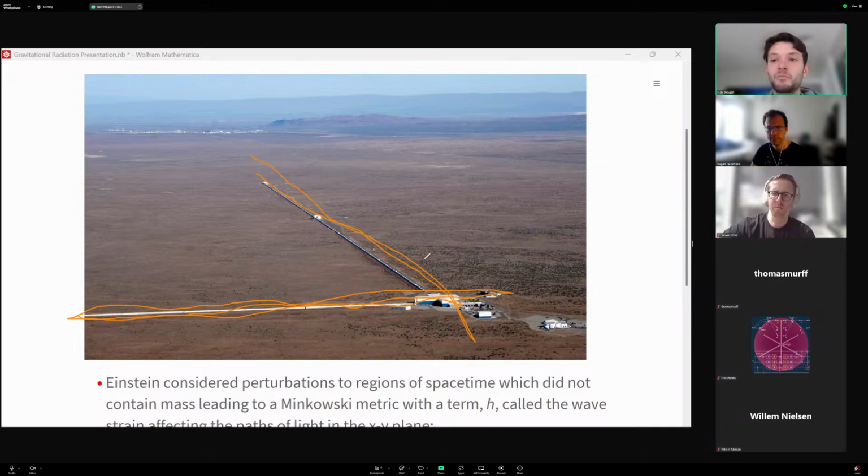You can measure other polarizations, but if there happens to be a system that's orbiting 45 degrees relative to your setup, then it's going to compress and squeeze space in the same manner for both the X and Y directions. And so that's the benefit of having two observatories: you can orient them 45 degrees relative to each other and pick up any possible polarization.